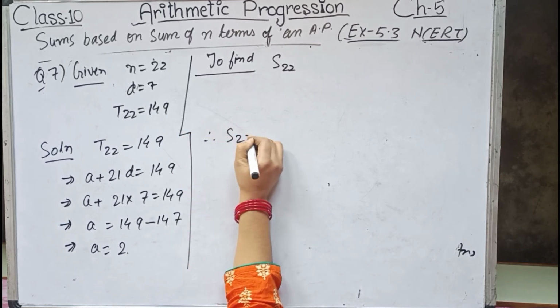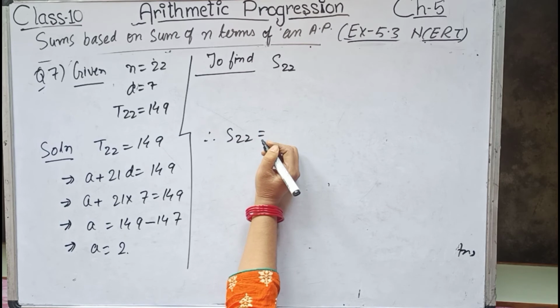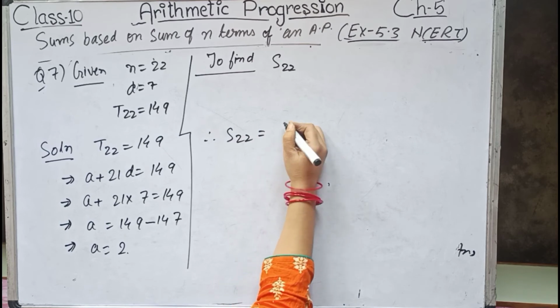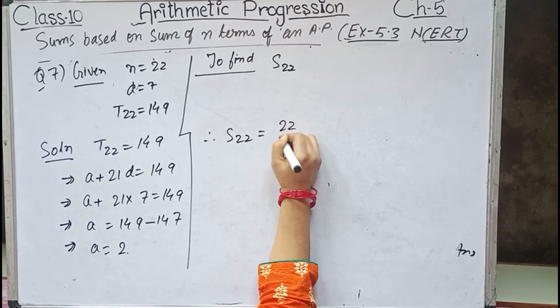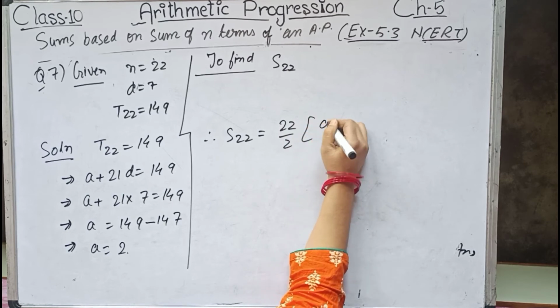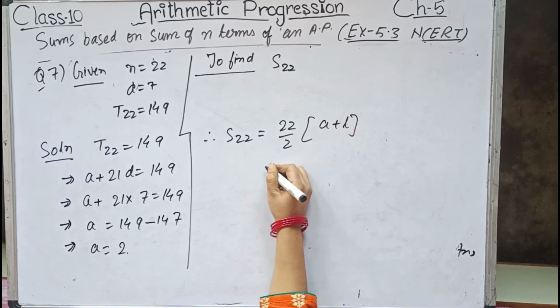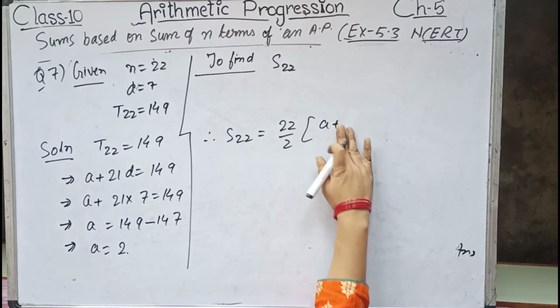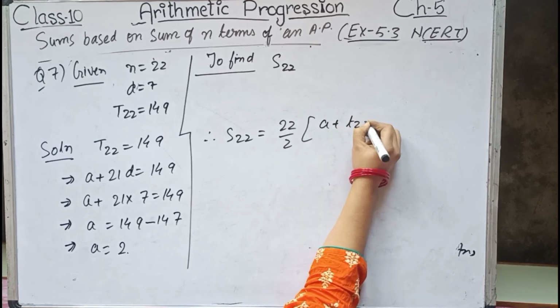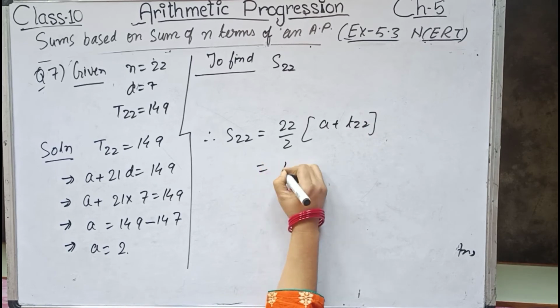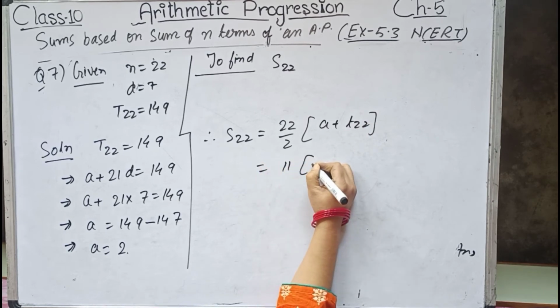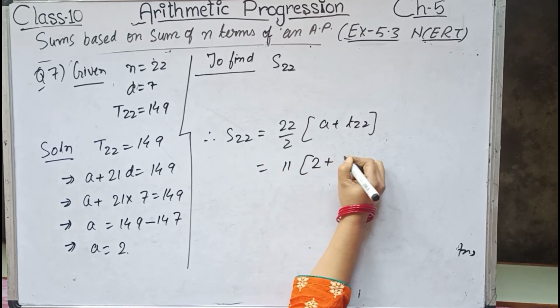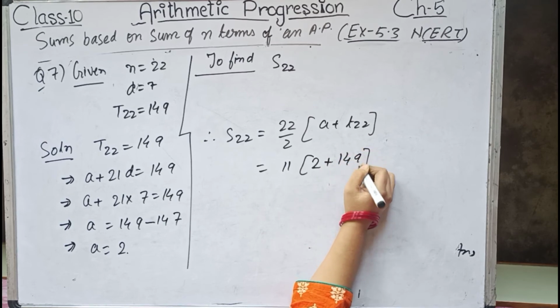Therefore, S22 equals n by 2 times first term plus last term, that is T22. Over here, in place of l, you can write T22. So over here 11, and the first term we have calculated as 2 and the 22nd term is 149.